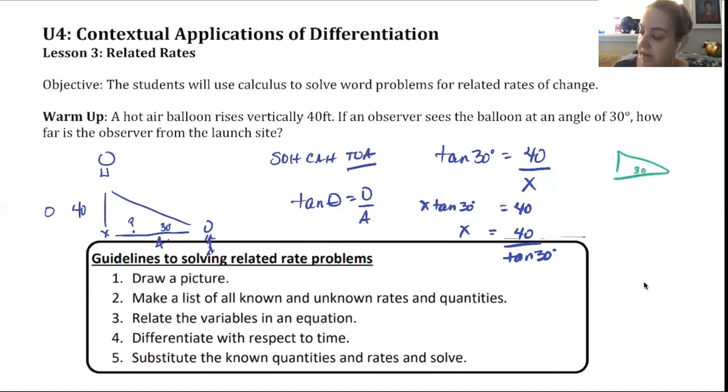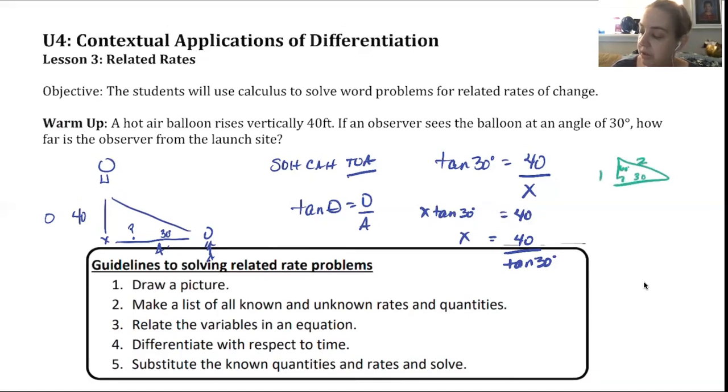So 30 degrees, the other angle up here is 60 degrees, you have your 90, and the sides are 1, 2, square root of 3. So tangent is opposite over adjacent, so it's 1 over root 3. So this is 40 over 1 over root 3. Then this would become 40 root 3.